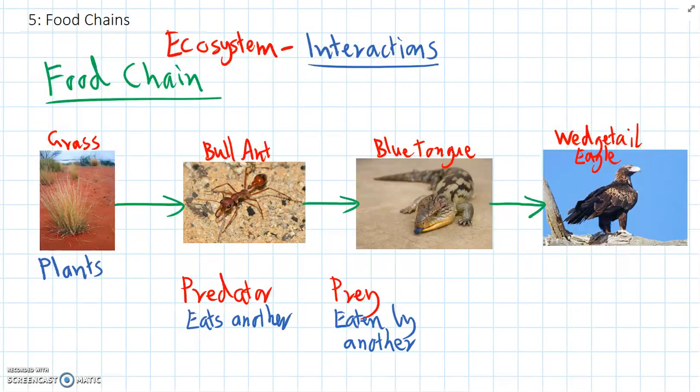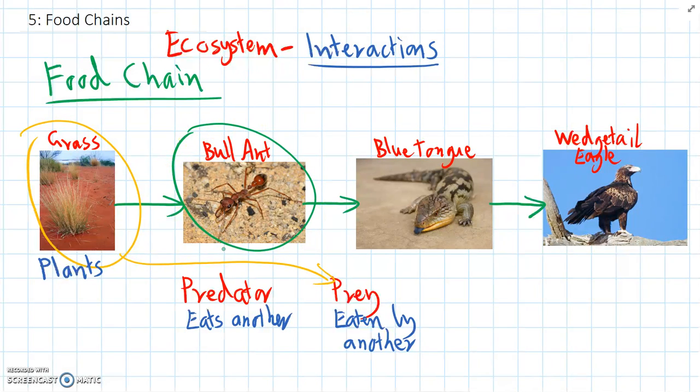So looking at our food chain, we can see that the grass is eaten by the bull ant. So the grass is a prey. And that must mean that the bull ant is a predator. But then looking further along the food chain, the bull ant is also eaten by the blue-tongued lizard.